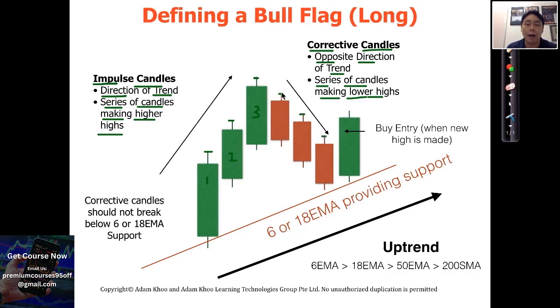So this is what we call a bull flag pattern. Why? Well, if you think about this, this is kind of like the flagpole. It's a big flagpole over here, and this is kind of like the flag.